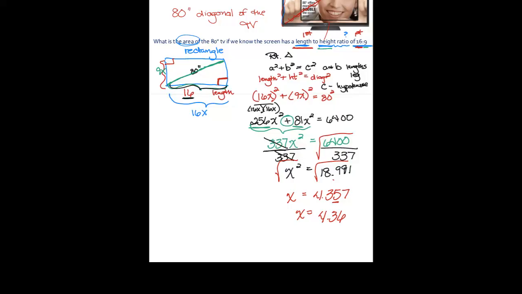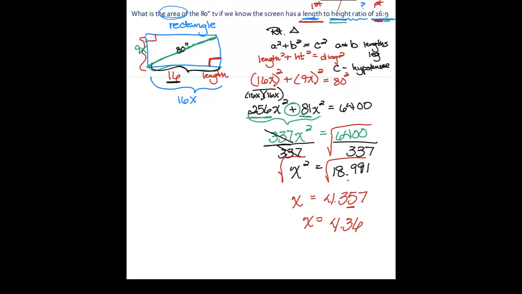So, gosh, is that a length or is that a height or neither? Is that a length? Did we say x was a length? No, we said it was some factor of a multiple, right? So my length is 16 times x.